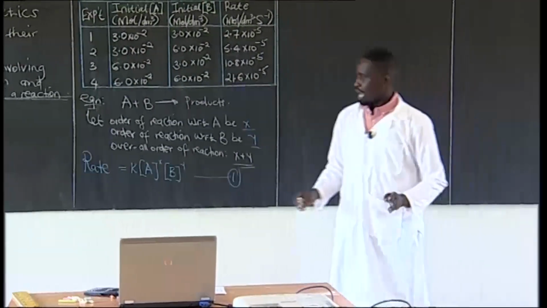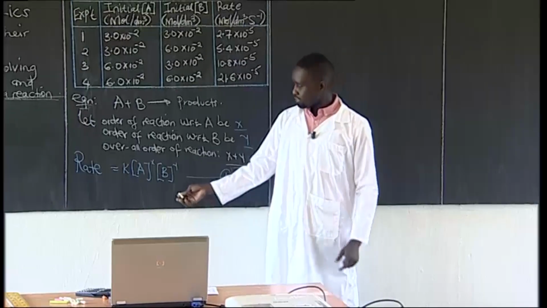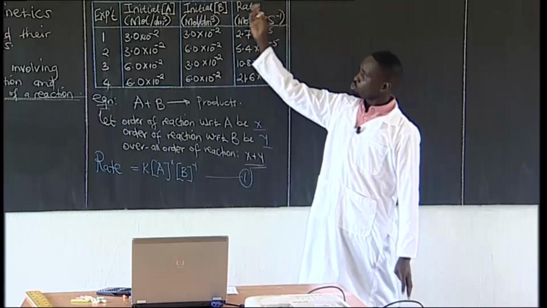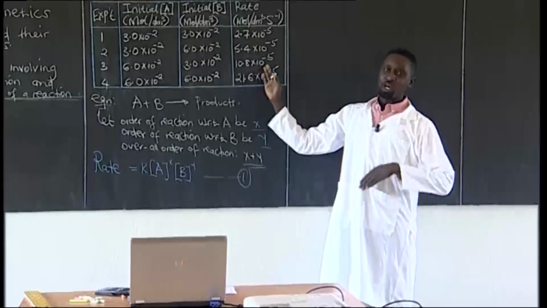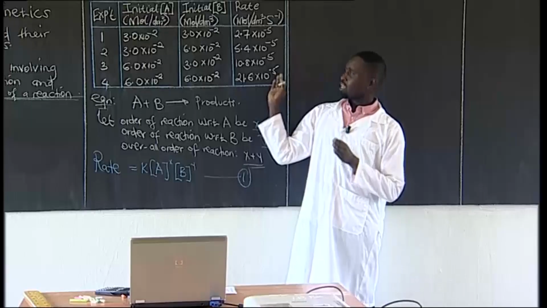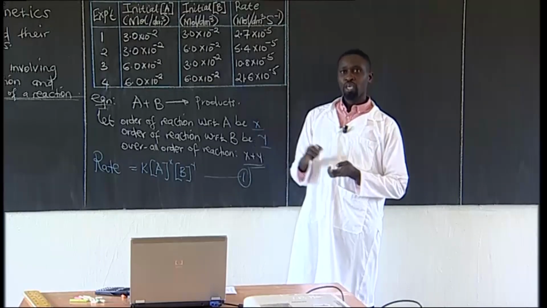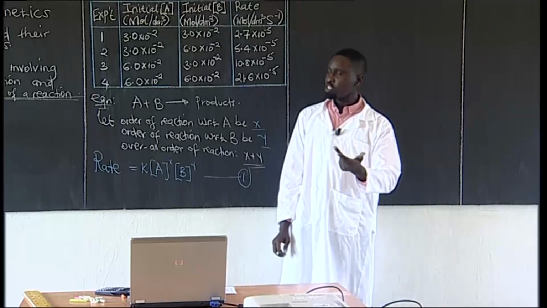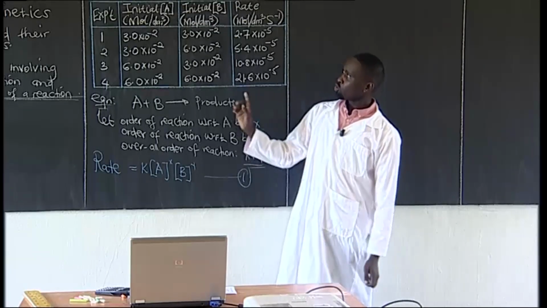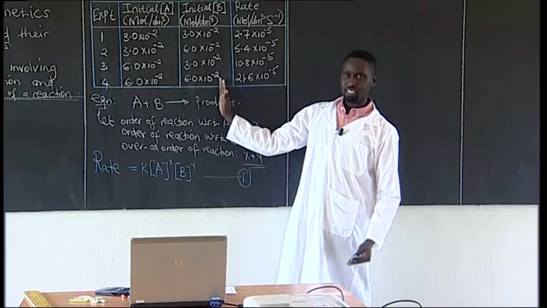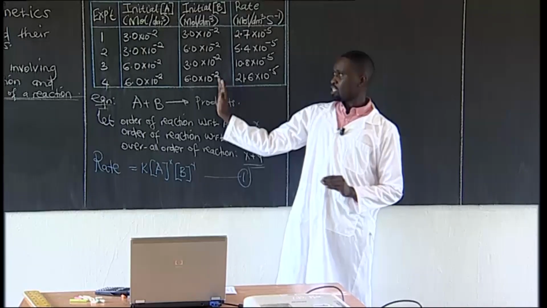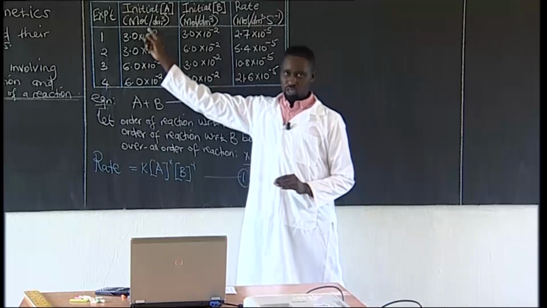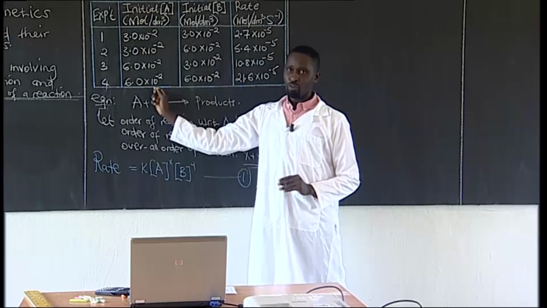So, how do we get X and Y? We are to look into our table. Take a close look. We are to select at least two experiments whereby the concentration of one reactant is maintained constant. Then we see how the rate changes when we double the concentration of the other reactant.